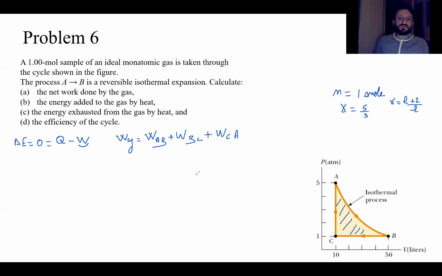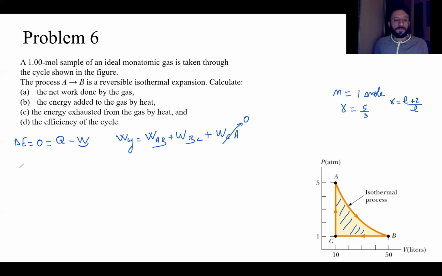First of all, CA is an isovolumetric process where the work omega CA equals 0 because V is constant. So we have to calculate omega AB and omega BC.